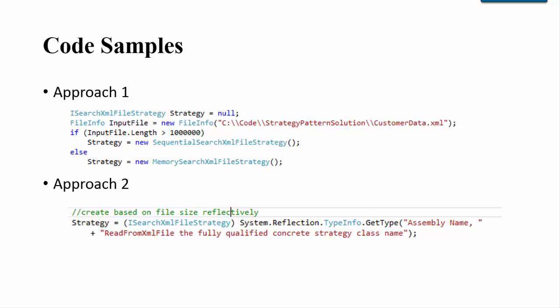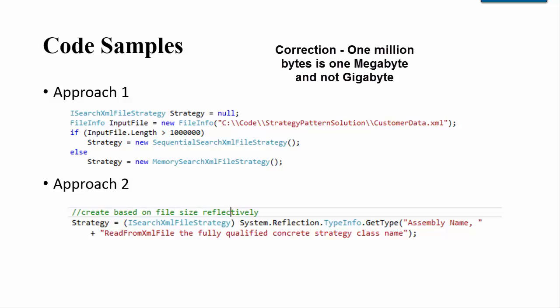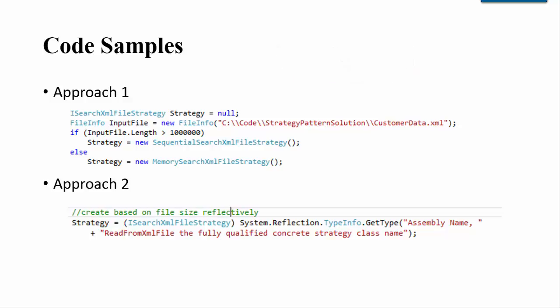And if the file size was more than this value, I believe it is 1 million bytes. So we're looking at approximately 1 gigabyte file size. And if the file length exceeded that, then we would select the sequential search XML file strategy. Otherwise, we would select the memory search XML file strategy.